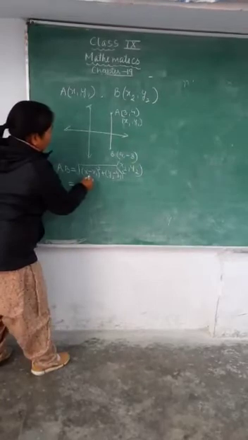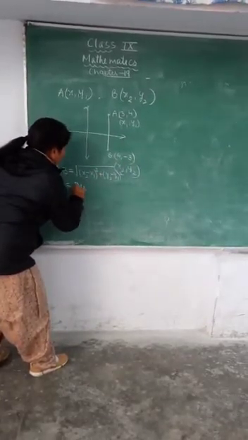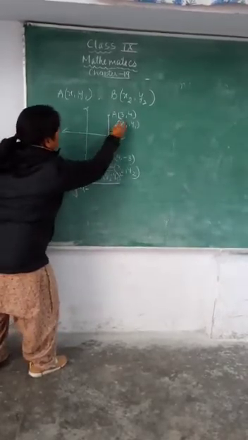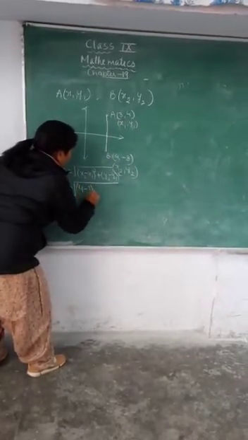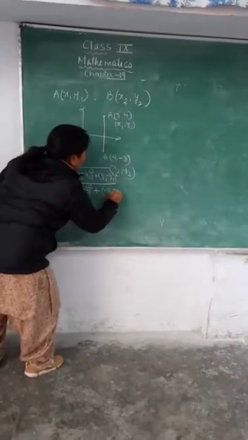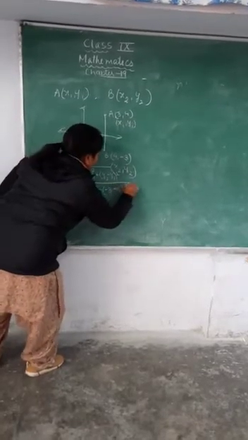So if you put the values over here, under root 4 minus 3 whole square plus minus 3 minus 4 whole square.